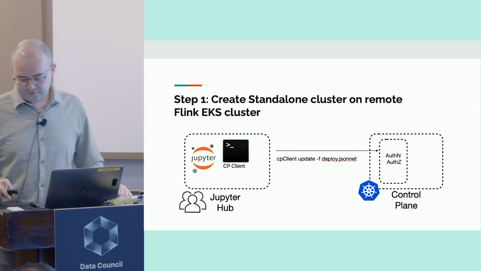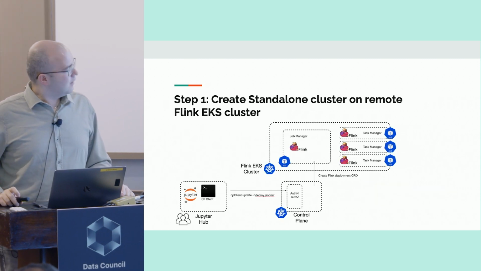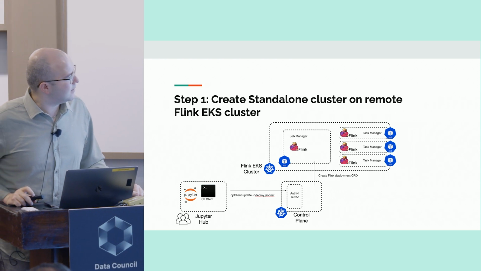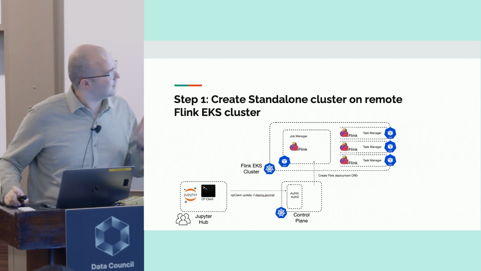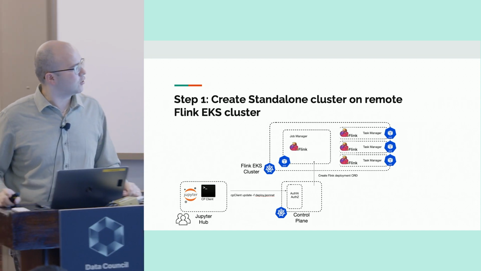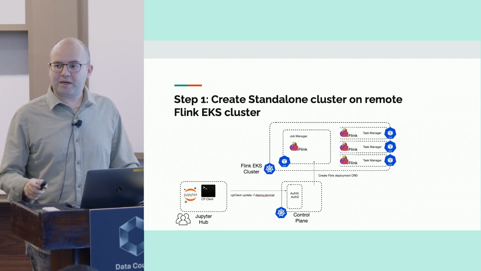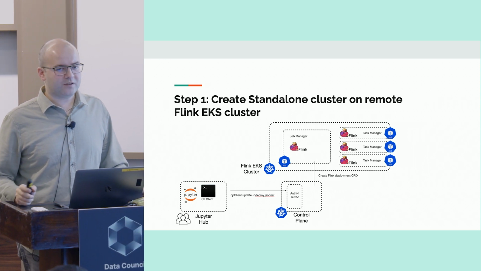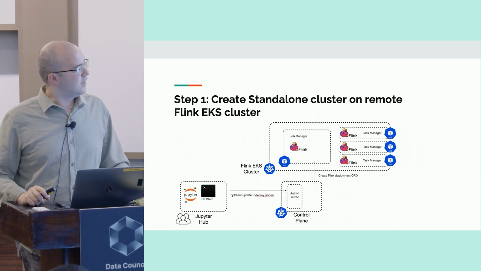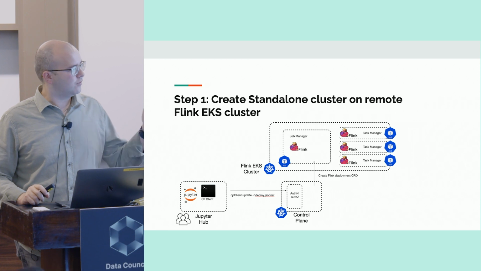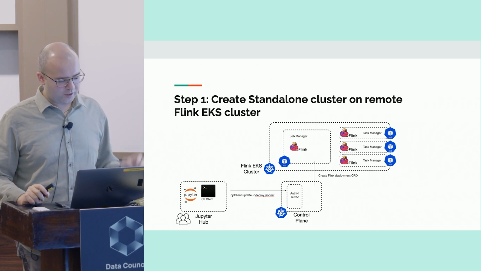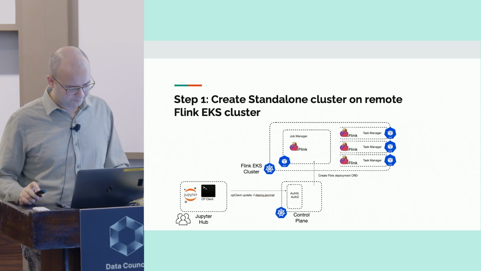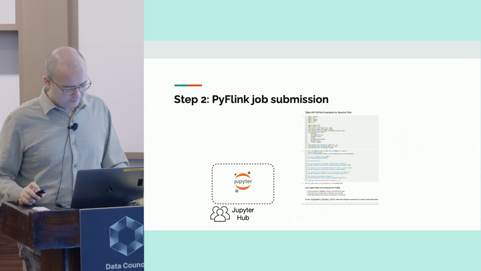Once it is validated, it will get the Flink CRD, and it will be directly submitted to the Flink Kubernetes operator, which will start your job manager and task manager. So the only difference between this and the Flink SQL interactive way is that there is no Flink SQL gateway here. The control plane now talks directly to the job manager, basically.